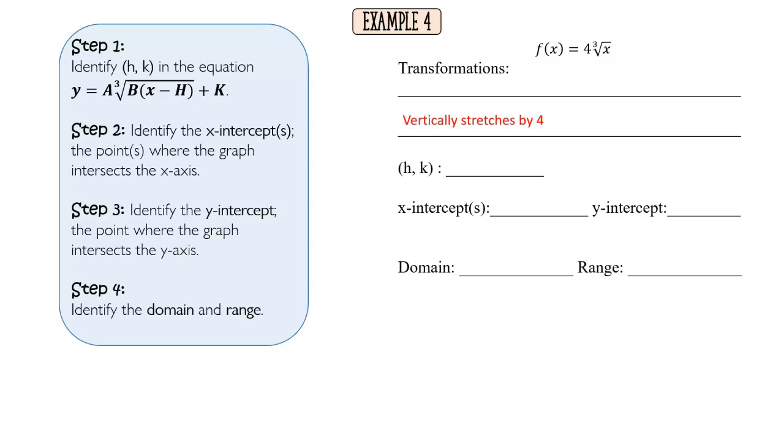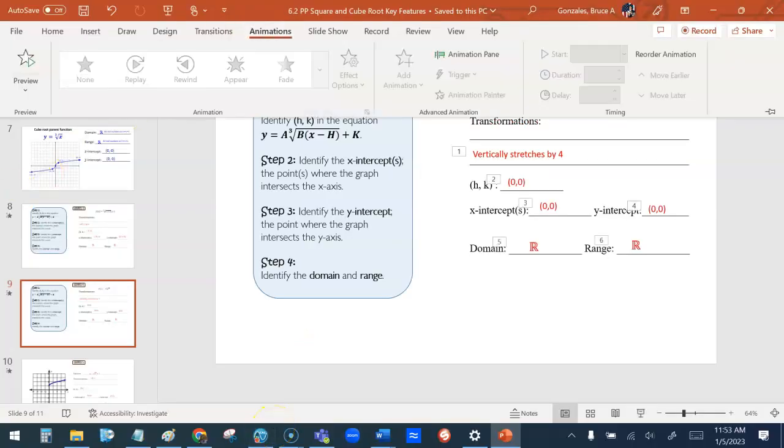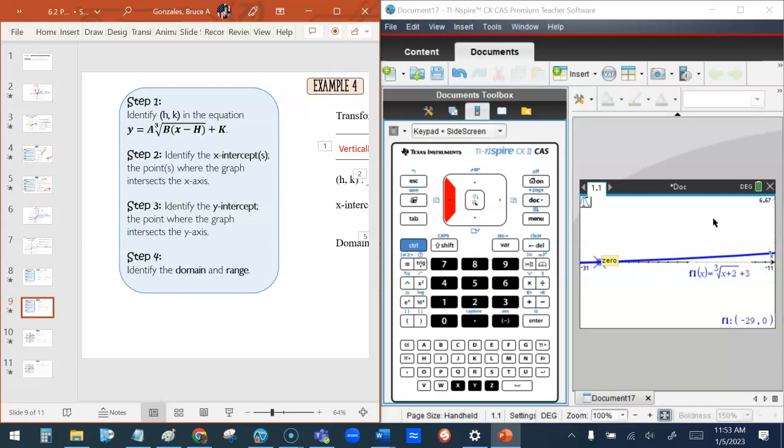Zero, it's not there. Hey, what about K? What's out here? Nothing. Okay, so here's the deal. If you don't have numbers, then those are zeros. Does that make sense? Okay, it didn't shift left or right or up or down, so it must be at 0, 0. Go and write that down. Okay, and then once again, can you graph it and do menu 5-1 and get your x-intercept and your y-intercept? So this is what? 4 cube root of x.